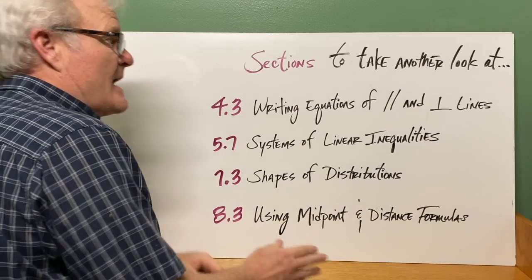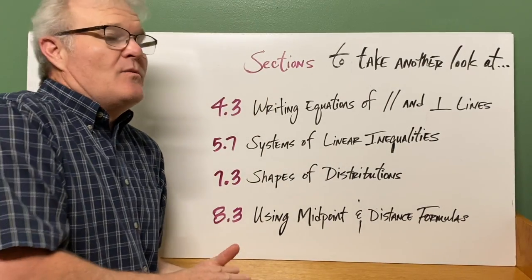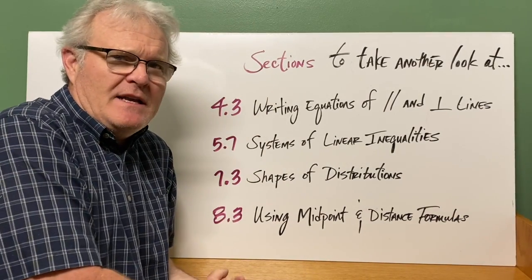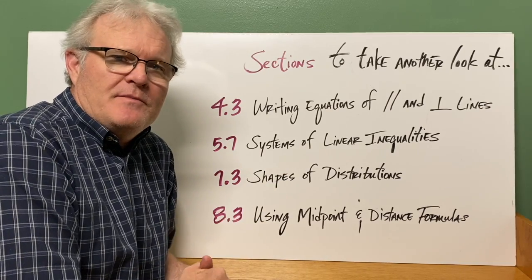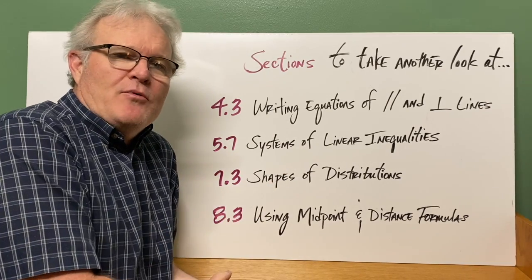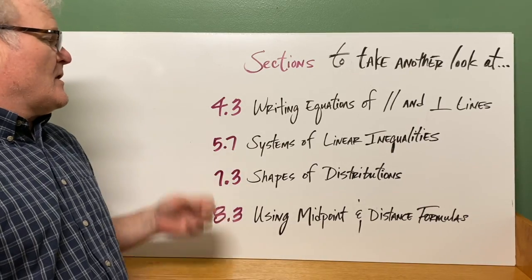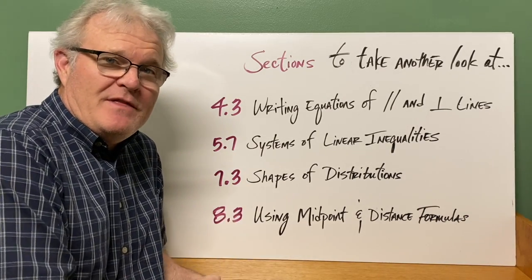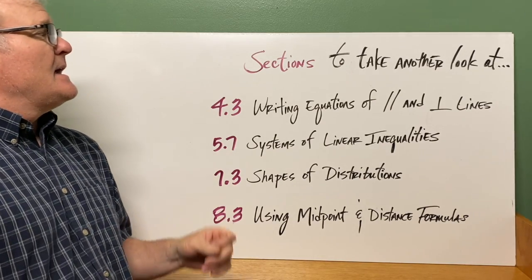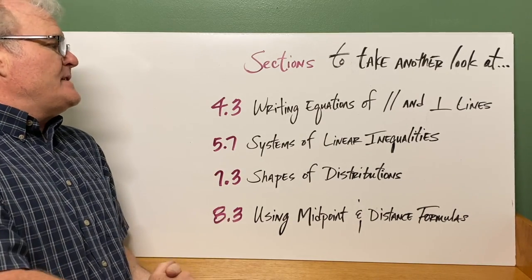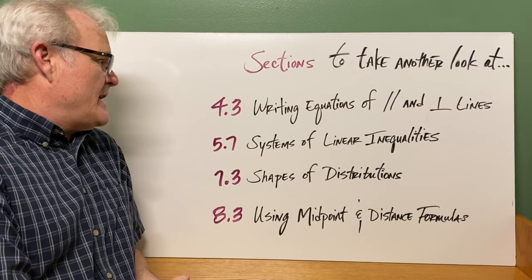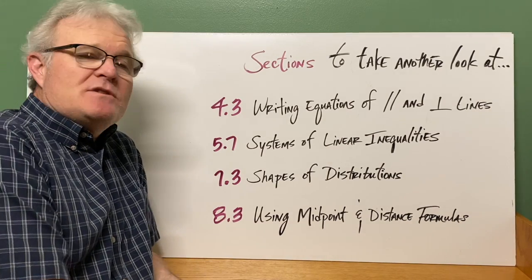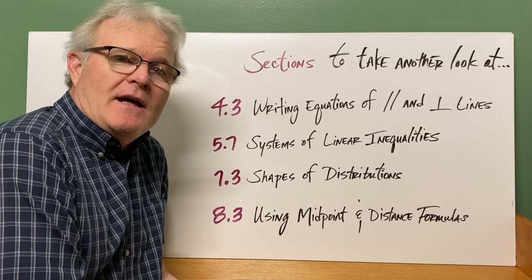These are not actual assignments, but with those 14 assignments we've done, I picked what I thought were pretty important topics. We obviously didn't have time to go through and review everything we've done this year, but you should take a look at 4.3, which is writing equations of parallel and perpendicular lines.